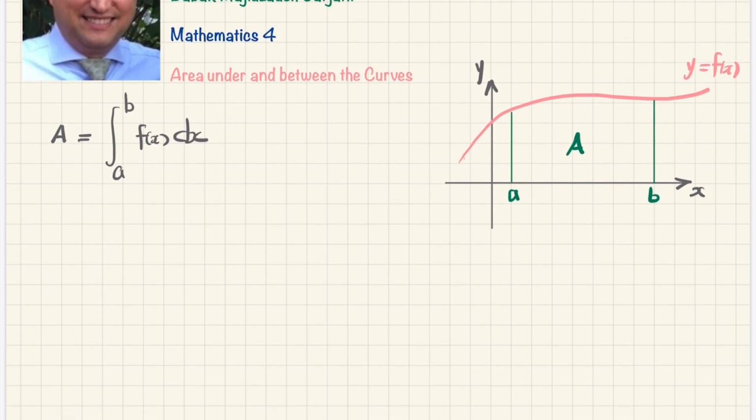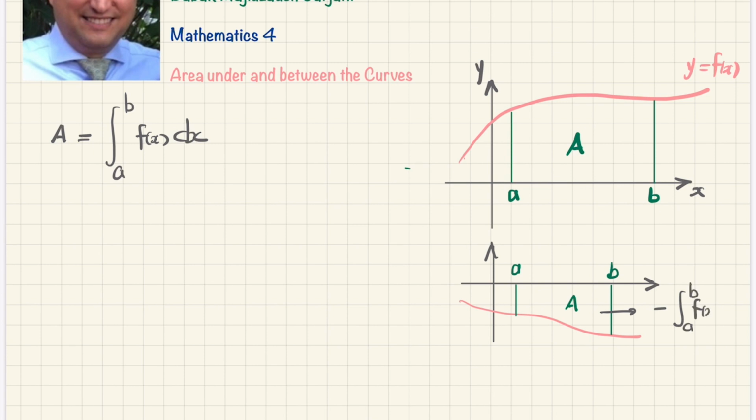But if the area is below the x-axis, you need to remember something, that if you want to calculate the area here, for example, between these two lines, A and B, if this is the area this time, this area is equal to minus integral from a to b f of x dx.